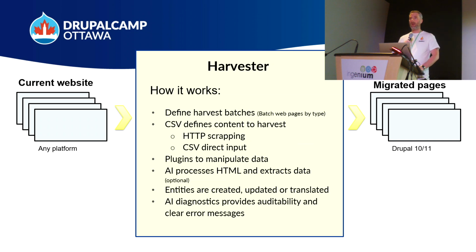Optionally, we can use AI to extract data from the sites that we're harvesting it from, or even manipulating the data that comes directly out of another system and fed in directly through the CSV file. And then entities are created, updated, or translated, and AI diagnostics helps to identify issues. And then on the other side, on the right side, you've got your migrated pages prepared for Drupal 10 or 11.